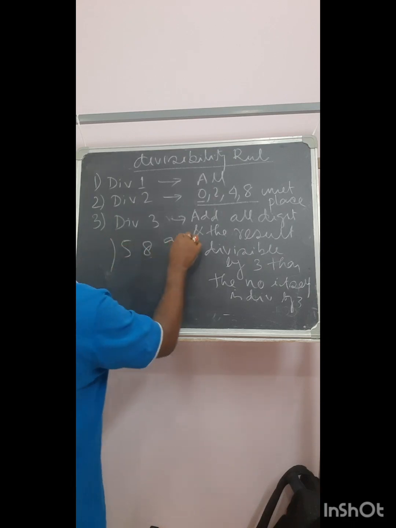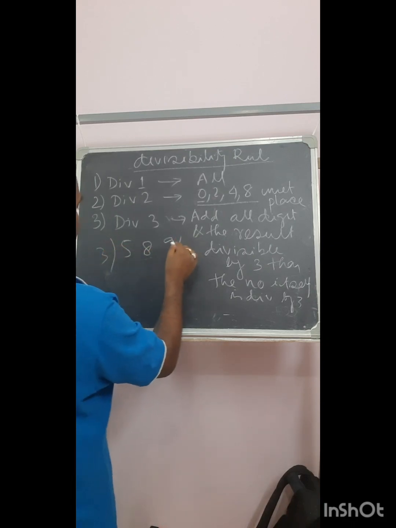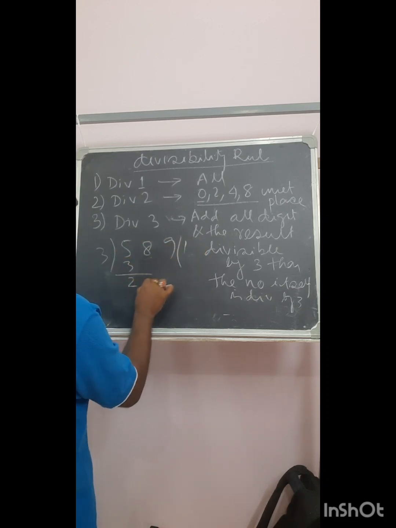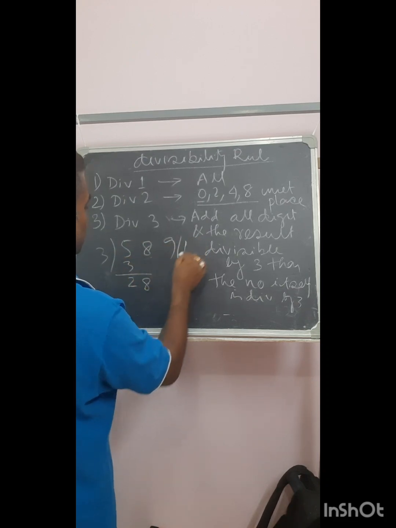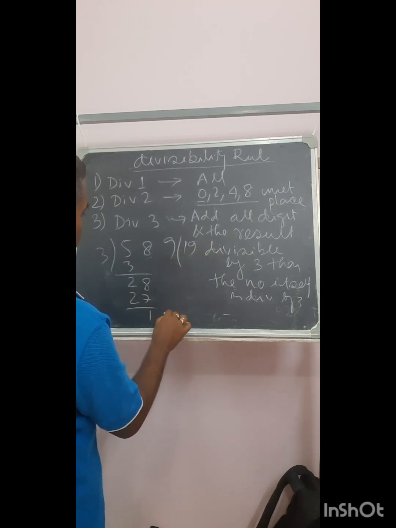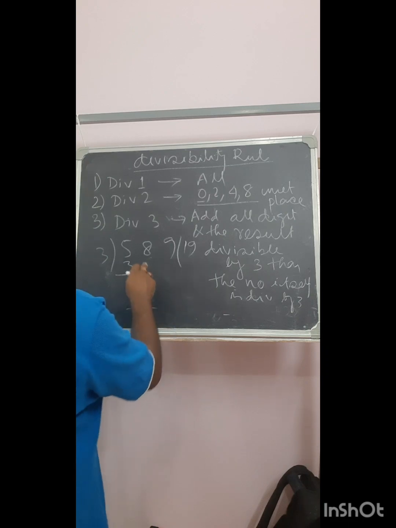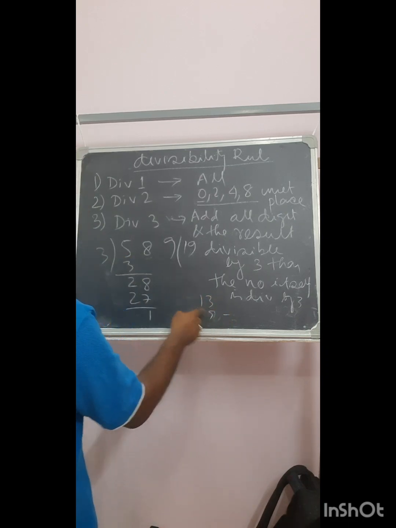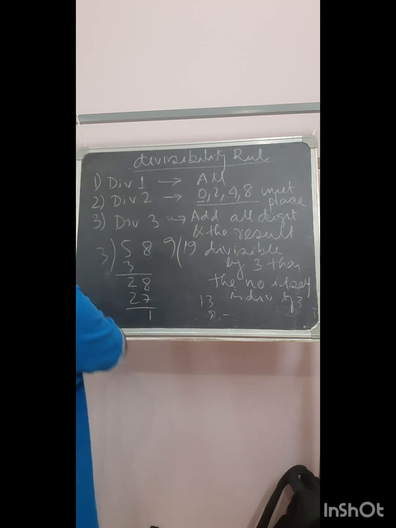If I do the traditional division of this by 3, no, sorry, it is not divisible by 3, because 13 plus 9 is 22, and 22 is not divisible by 3.